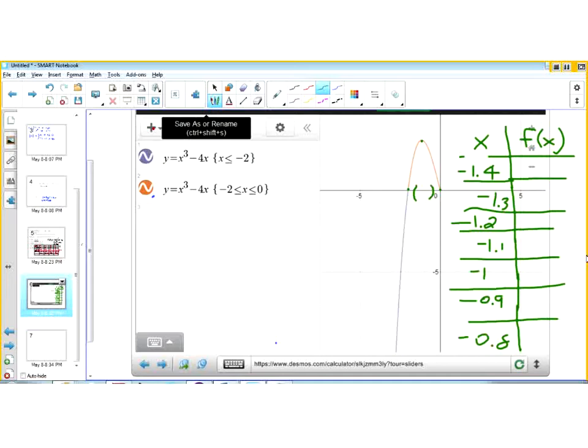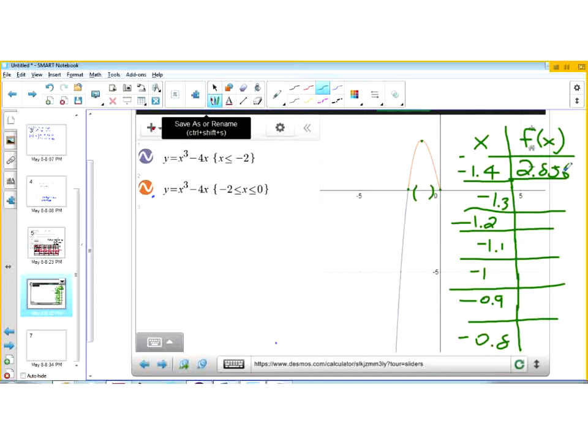Okay, so for -1.4, f of -1.4: a negative quantity cubed, minus 4 times. So that would be 2.856. I urge you to check my math, because I invariably make computational mistakes.